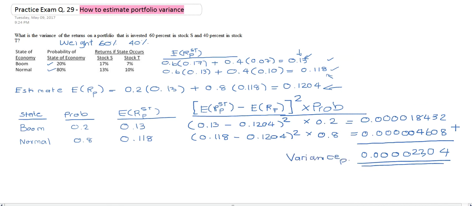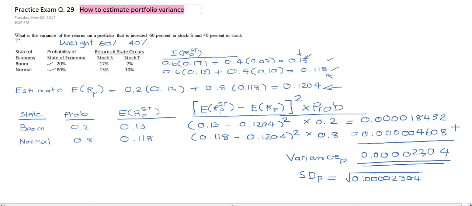If you want to find the standard deviation of the portfolio, you simply take the square root of this number, in case you are asked for the standard deviation.